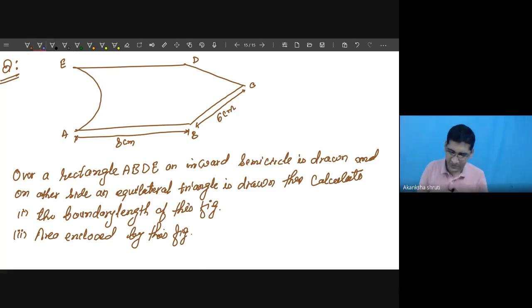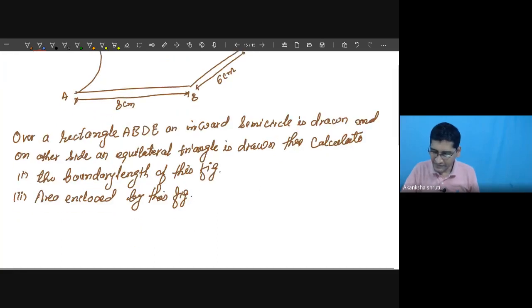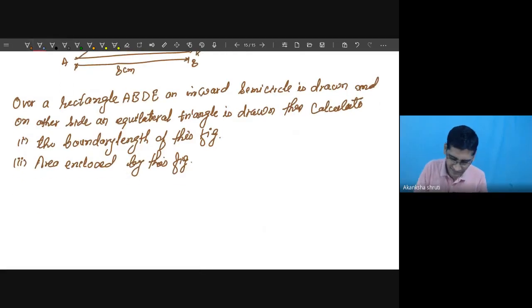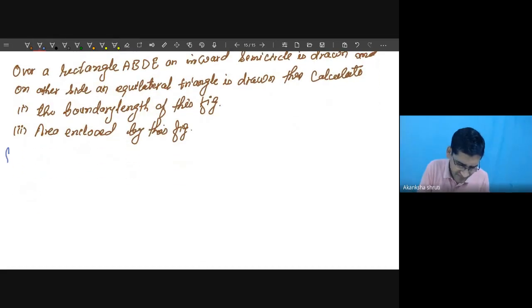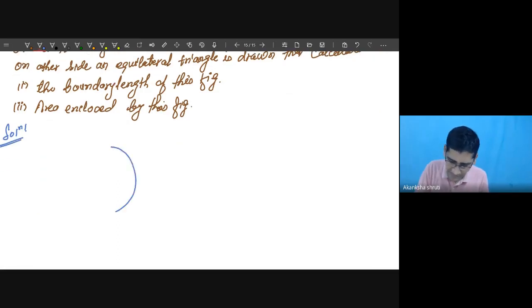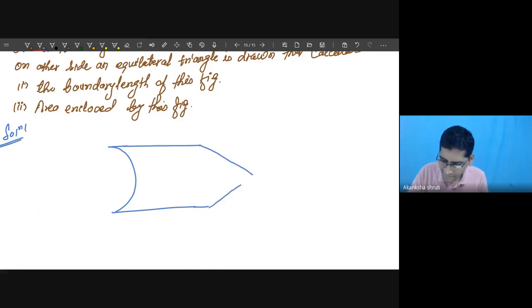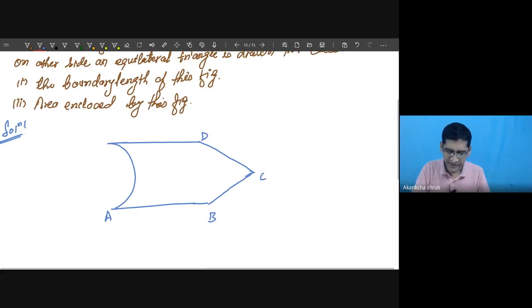So let me redraw this figure once again. Names are A, B, C, D, E.